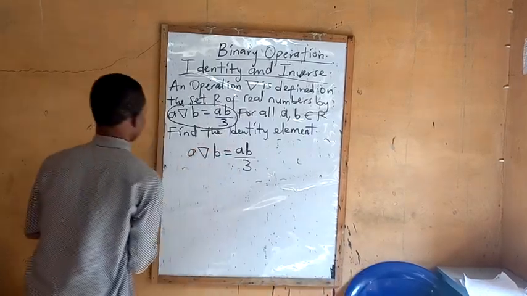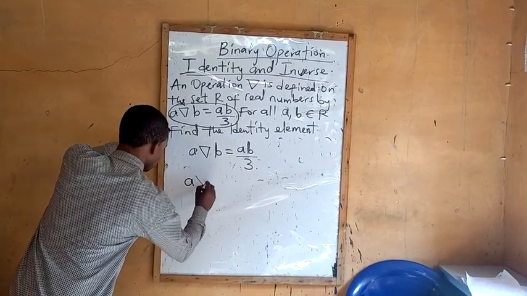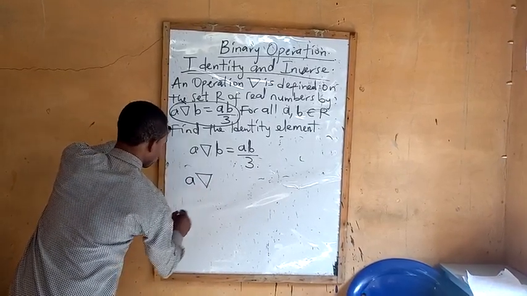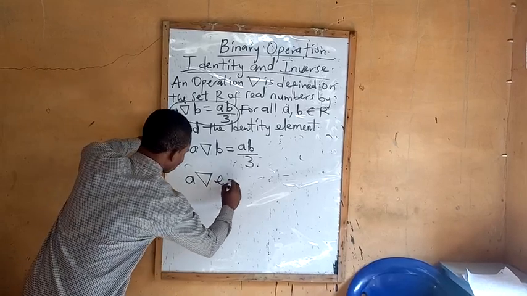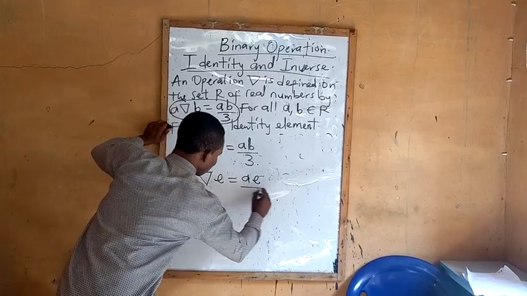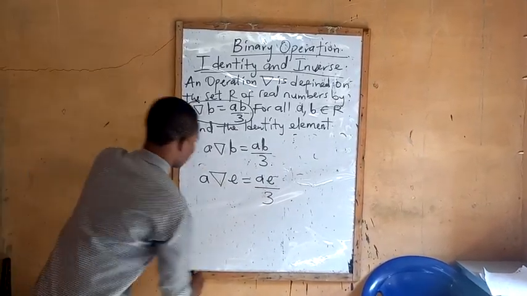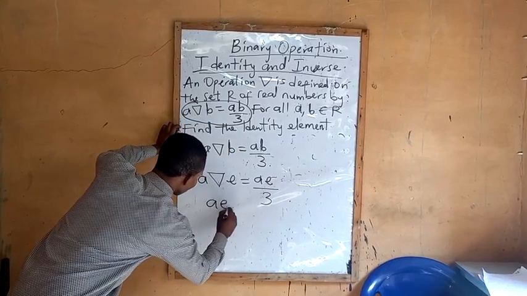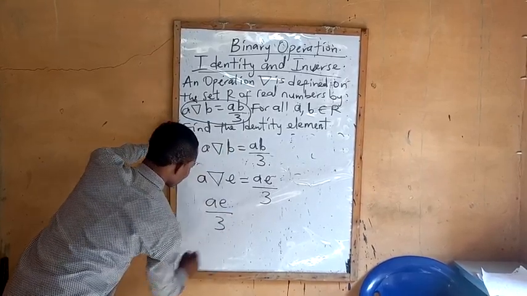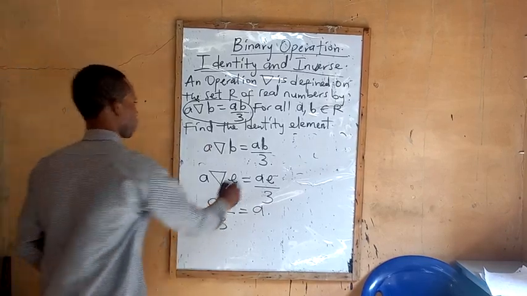So what am I going to have? I'm going to have A, operation symbol, E equals A, E all over 3. That means A, E all over 3 equals A, according to our formula.